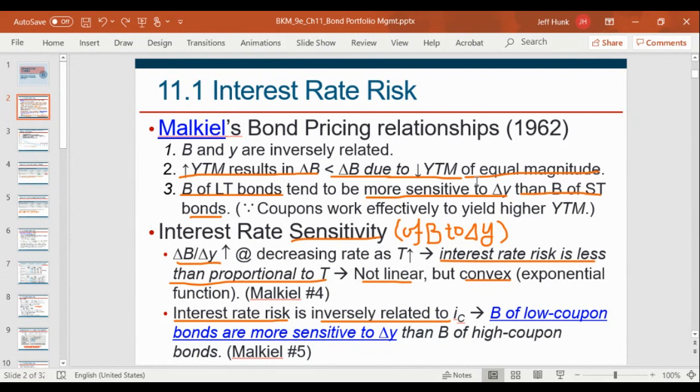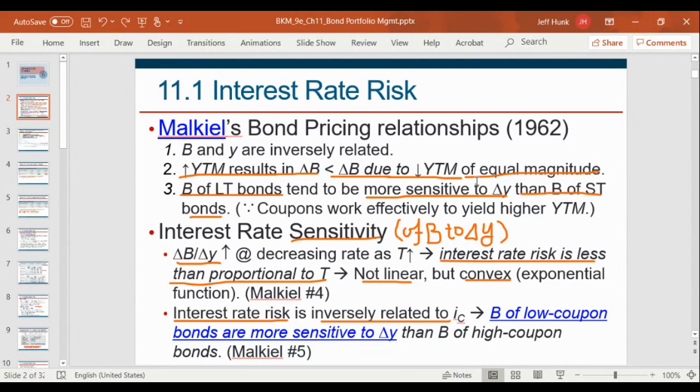Think about it. The bond issuer wouldn't have to worry about the shock in interest rate, right?